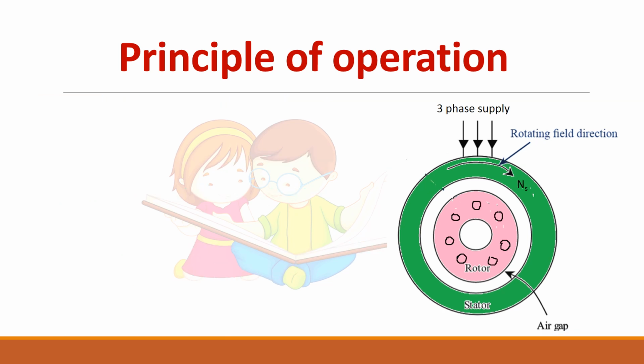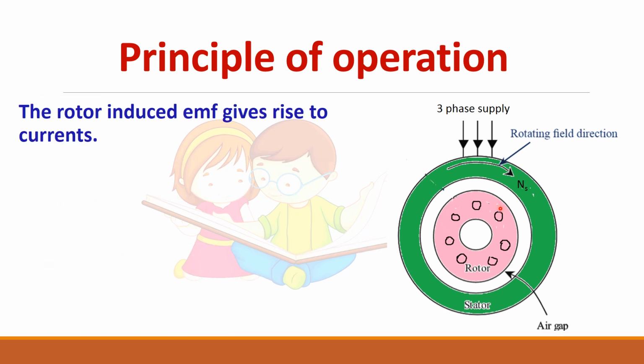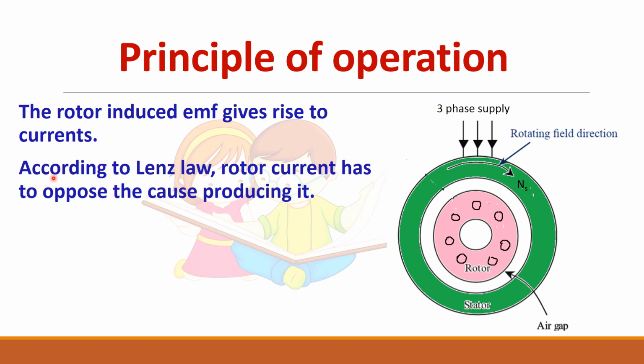The induced EMF in the rotor will cause a current to flow in the rotor conductors because the rotor is shorted at the ends. This rotor current will oppose the cause producing it, according to Lenz's law.